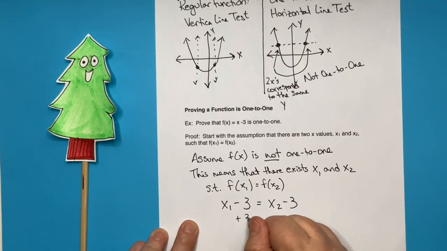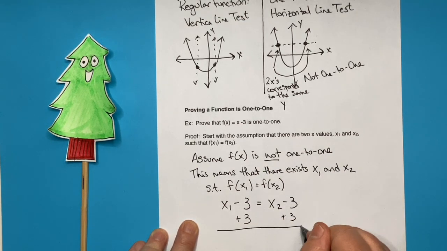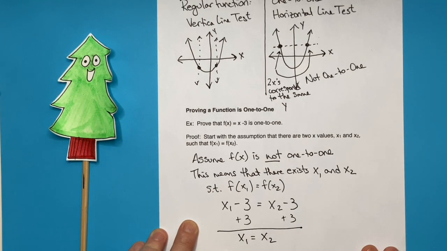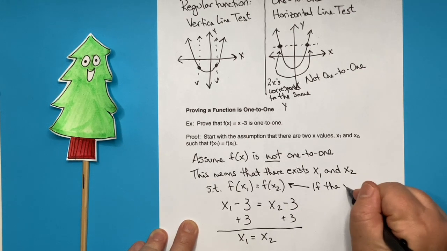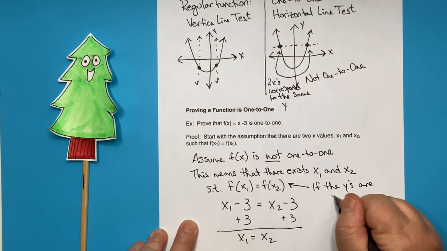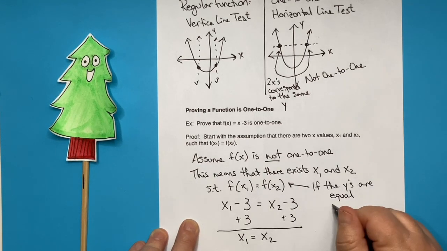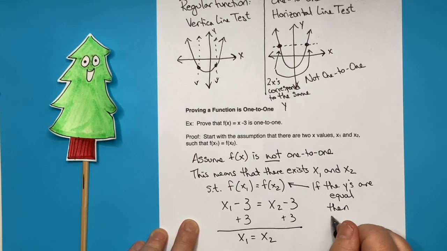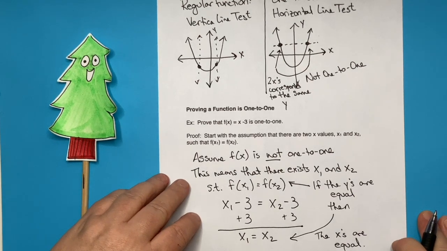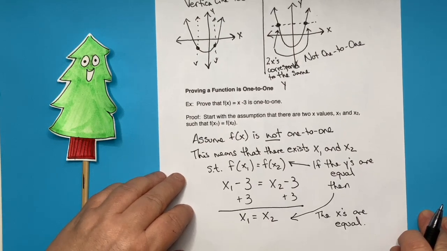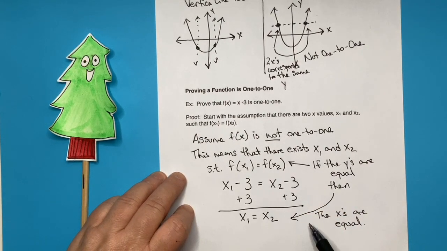Well, if I add 3 to both sides, so in other words, if the y's are equal, then the x's are equal. That's it. It's one-to-one.